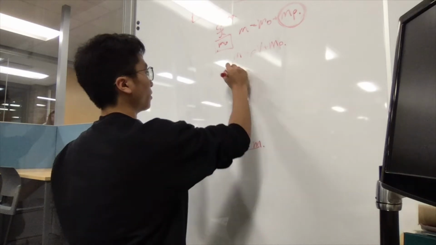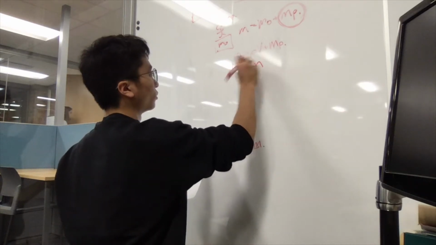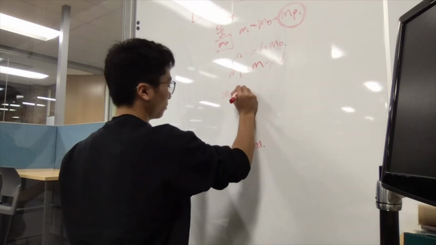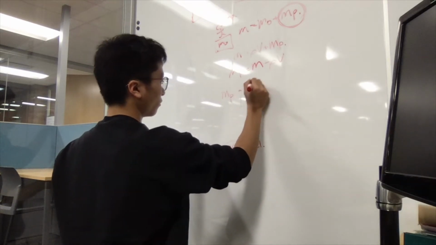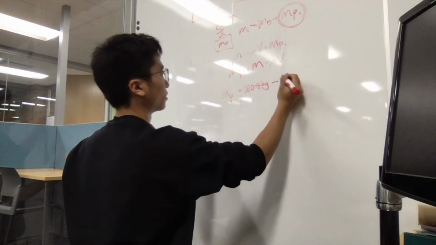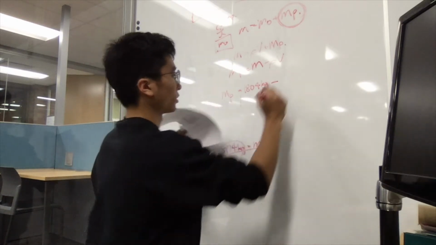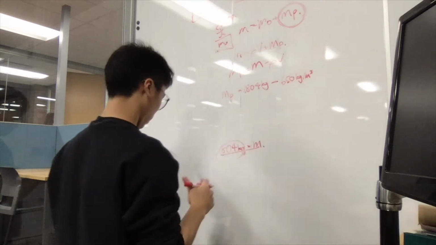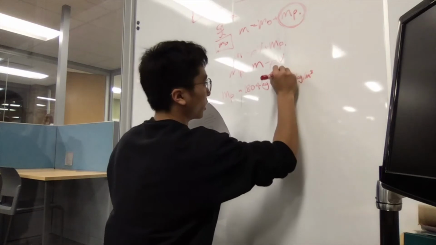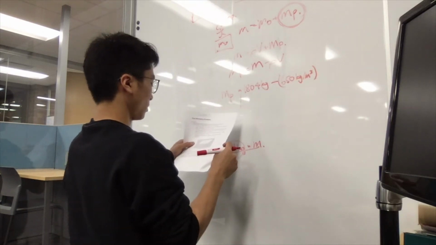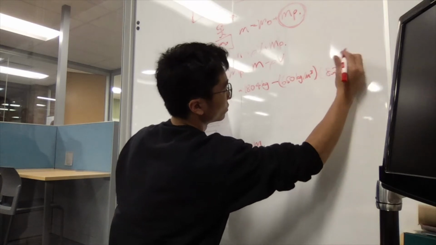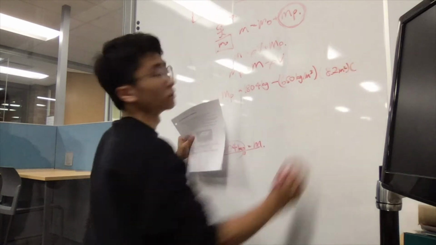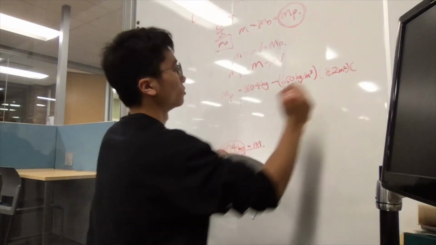So the mass of people is just the total mass subtracted by rho V. That would be 1804 kilograms minus the density of the object, which is 650 kilograms per meter cubed, times the volume, which would be 8.2 meters squared times 0.22 meters.